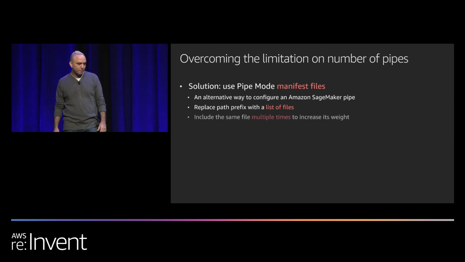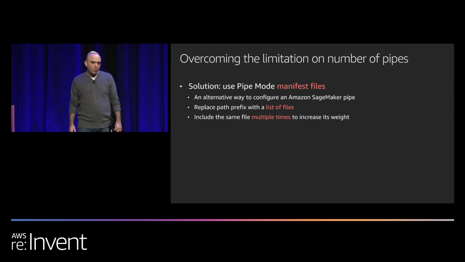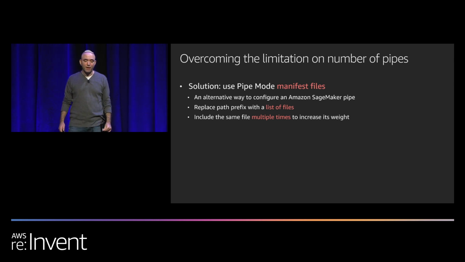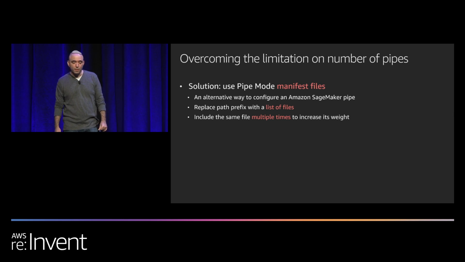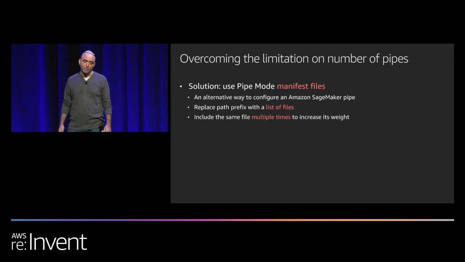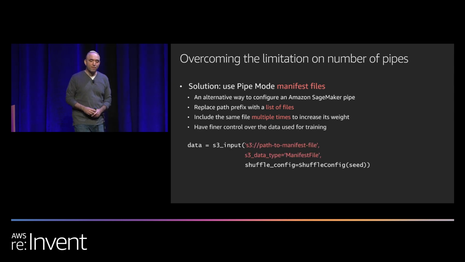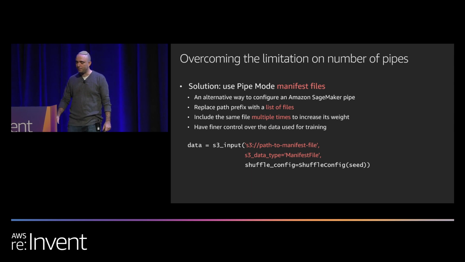So for example, when we use manifest files, we can perform boosting, such as pink cars, by simply listing the same file containing the pink cars multiple times in the manifest file. This feature was critical for us in keeping the number of our pipes below the limit.